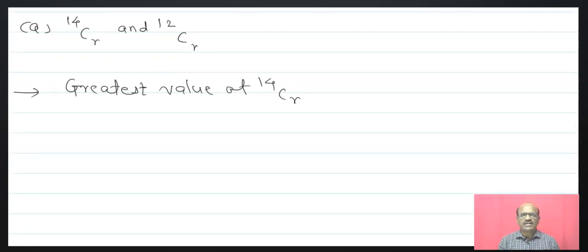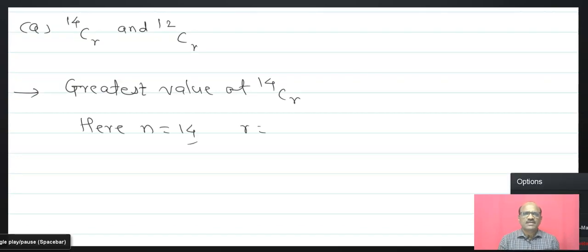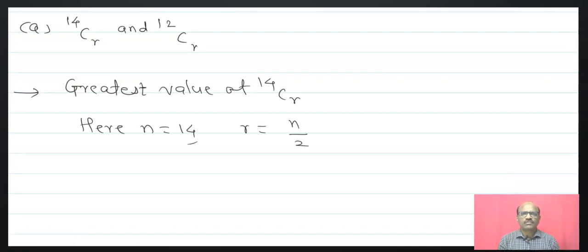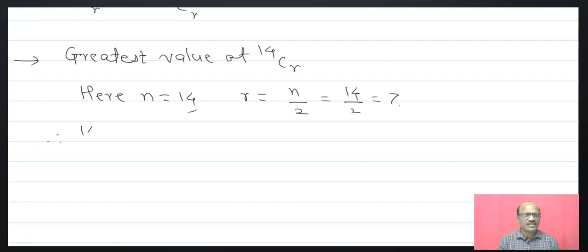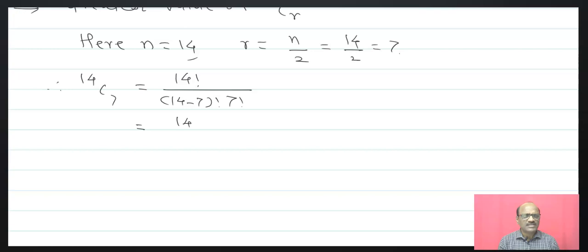Now to find the greatest value, here n is equal to 14, and when n is even, r is equal to 14 upon 2. To find the greater value, we always take r equal to n upon 2 when n is even. Then 14C7 has the greatest value, that is 14 factorial upon (14 minus 7) factorial into 7 factorial.